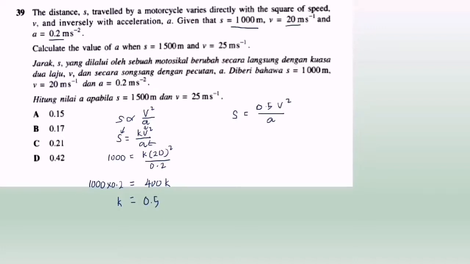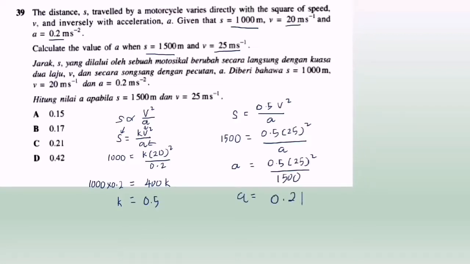Okay, so calculate the value of a when s equals 1500 and v equals 25. So s equals 1500 and v equals 25. So 1500 equals 0.5 times 25 squared over a. So a equals 0.21. So the answer is C.